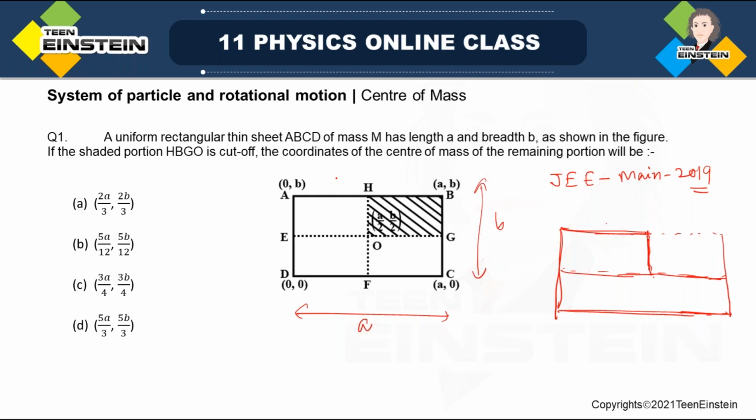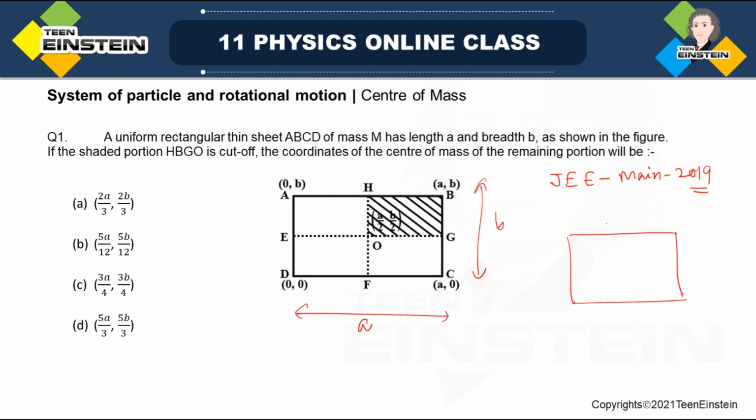It is a uniform rectangular thin sheet, and the whole sheet has mass capital M. If I have the whole rectangular sheet, the center of mass will be at the middle point. That means this coordinate will be A by 2 and B by 2.